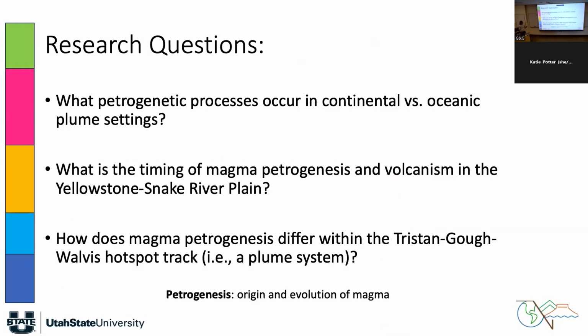Some of the questions I hope to answer today, or in the process of collecting all this data, are broadly what petrogenetic processes are taking place in continental crust versus oceanic crust in response to plume processes. And just to back up a little bit, petrogenesis is just the origin and evolution of magma.